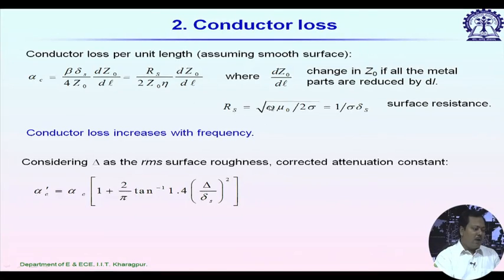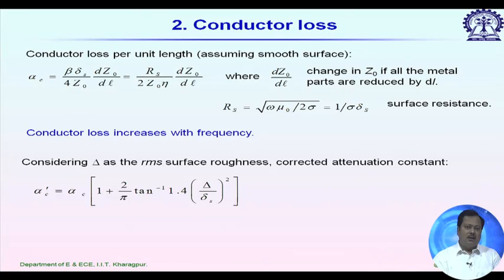We can represent delta s in terms of surface resistance as shown here. R s is equal to the square root of omega mu naught by twice sigma, that is equal to 1 by sigma delta s, and this dz naught by dl represents the change in z naught if all the metal parts are reduced by delta L. So, for example, if we have a coaxial cable, let us say it is excited in TEM mode, we first calculate the characteristic impedance of the given coaxial cable, and then we reduce the inner conductor as well as increase the diameter of the outer conductor by delta L, and recalculate the new z naught value.